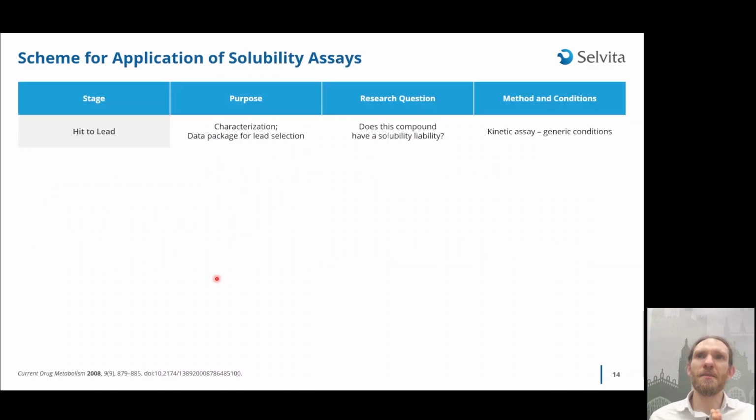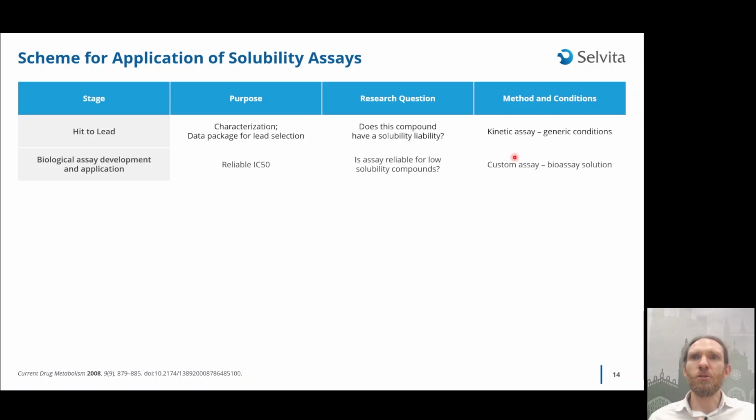Now let's move to the scheme for application of solubility assays. At the hit to lead stage of MedChem projects, we want to characterize the compounds based on solubility, to identify whether the compound has a solubility liability, which means the best is to take the kinetic solubility assay because it's high throughput.